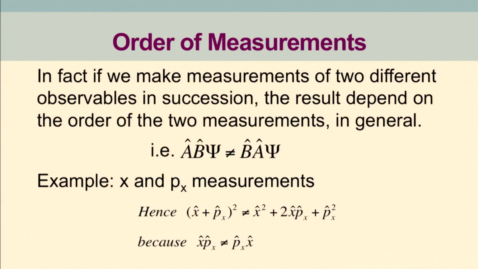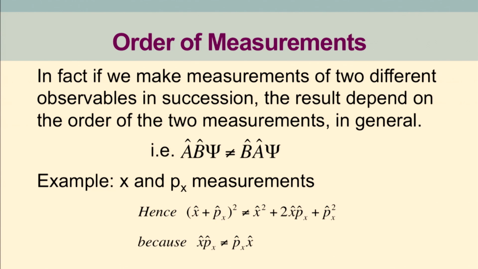There is another very important phenomenon in quantum mechanics, which is again counterintuitive compared to classical physics, and this is related to the order of measurements. Whether I measure one property first or the other property, my outcome can be completely different.